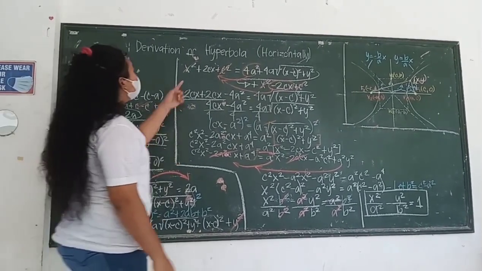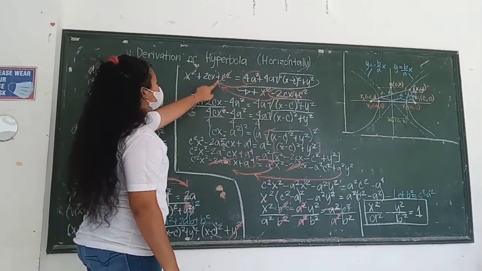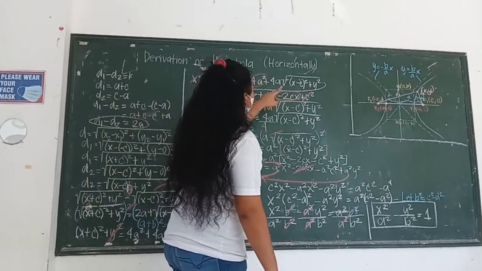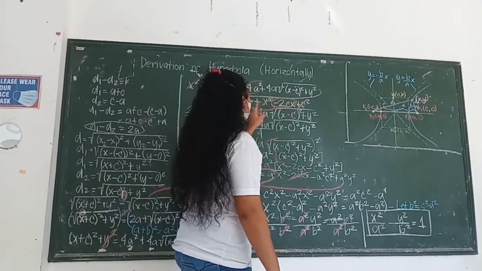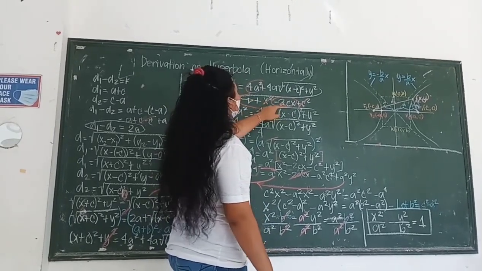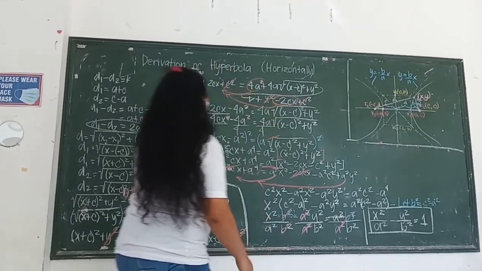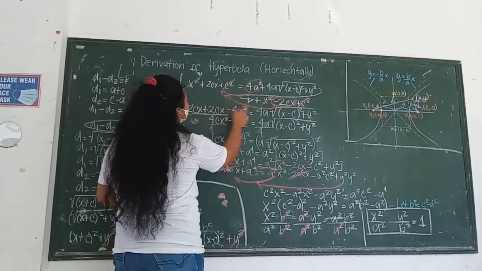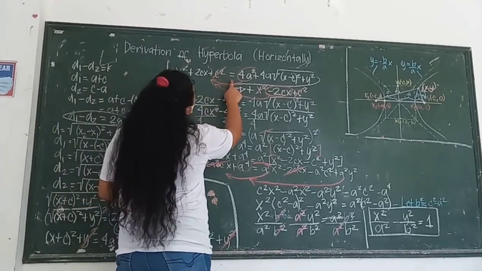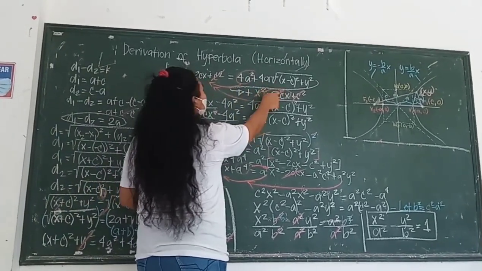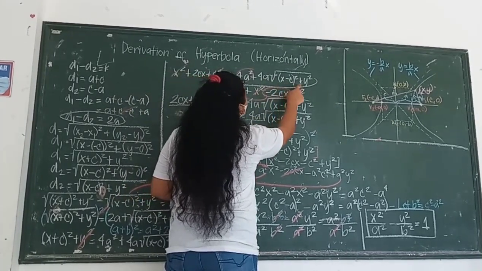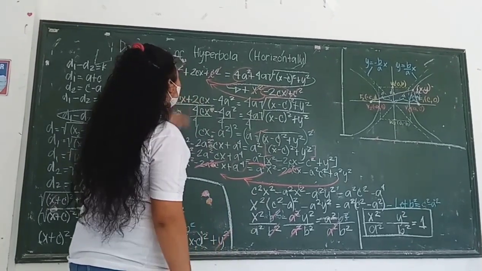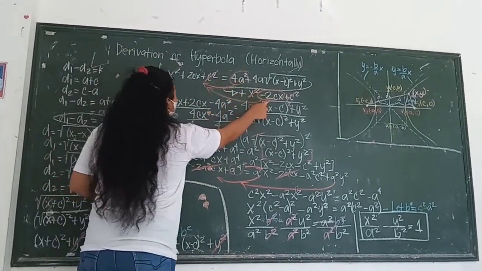That will be x squared plus 2cx plus c squared is equal to 4a squared plus 4a square root of the quantity x minus c squared plus y squared plus x squared minus 2cx plus c squared. Again, cancel out the same values. That will be 2cx is equal to 4a squared plus 4a square root of x minus c squared plus y squared minus 2cx.